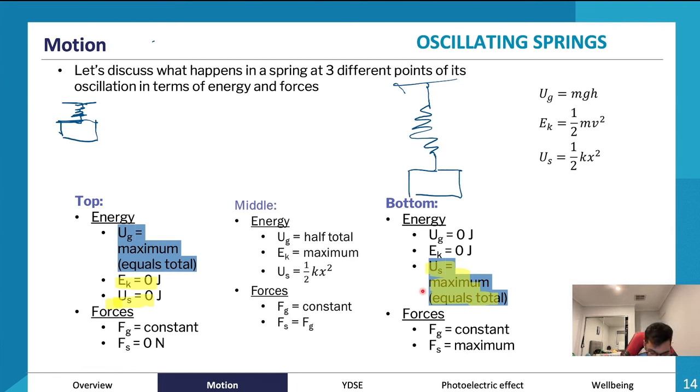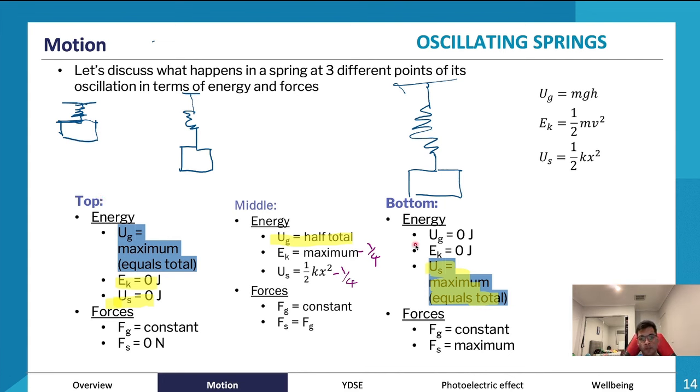When you're at the middle, there is one quirk that you have to keep in mind. When you're at the middle, the gravitational energy is going to be half because you've fallen half of the distance. The kinetic energy is going to be a quarter of the total energy, and the spring potential is going to be a quarter of the total energy.